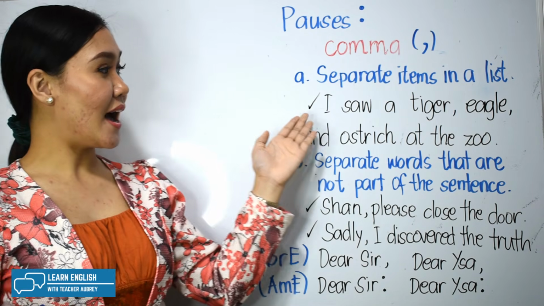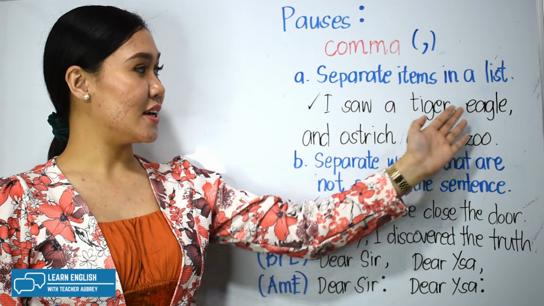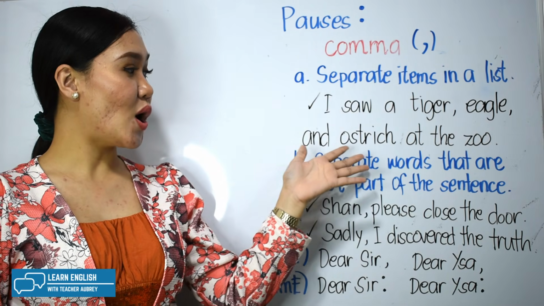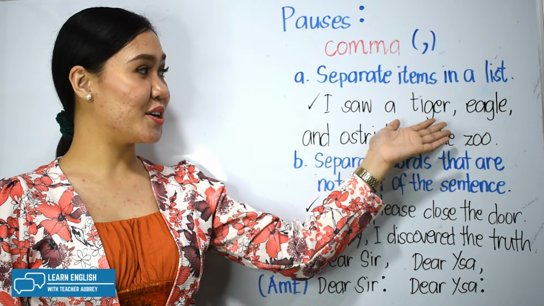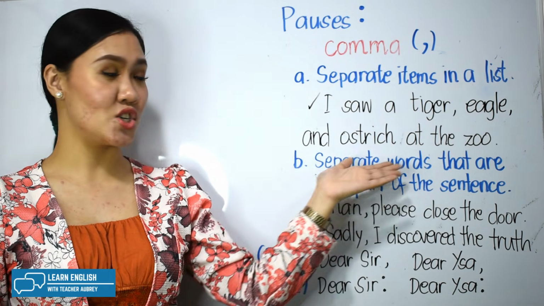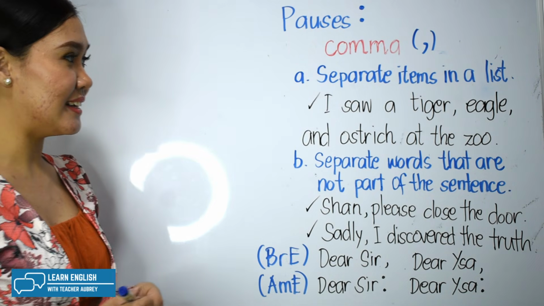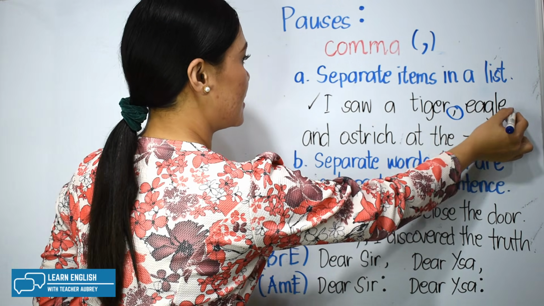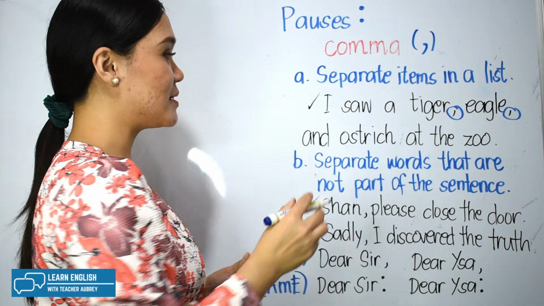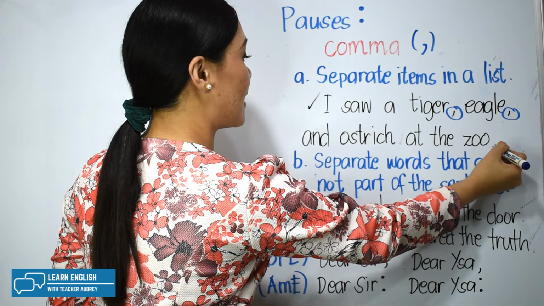Example, I saw a tiger, eagle, and ostrich at the zoo. Pansinin natin, gumamit tayo ng comma dito, pero sa pinakahuli, wala na tayong ginamit na comma.